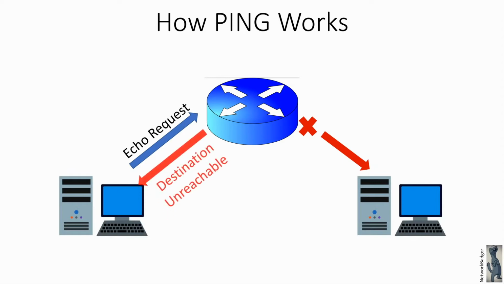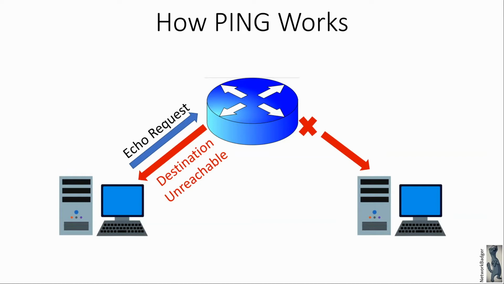So the router will behave nicely, will try to be helpful, and the router will originate and generate an error message for us. Destination unreachable message, ICMP error message. So we will learn from that message that, well, we cannot ping the device.